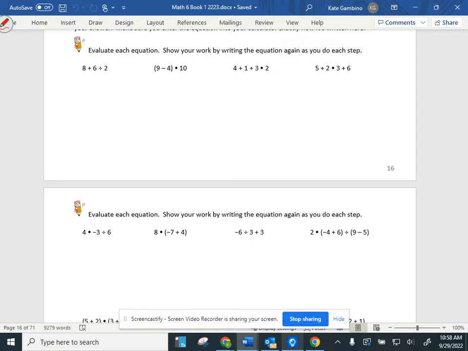8 plus 6 divided by 2. What is the first thing that I am going to do? 6 divided by 2, because we know our order of operations, multiplying and dividing comes before adding and subtracting. So what is 6 divided by 2? 3. Now I'm gonna bring down the rest of my equation because there's no more division. So I'm gonna bring down my 8, I'm gonna bring down my adding.